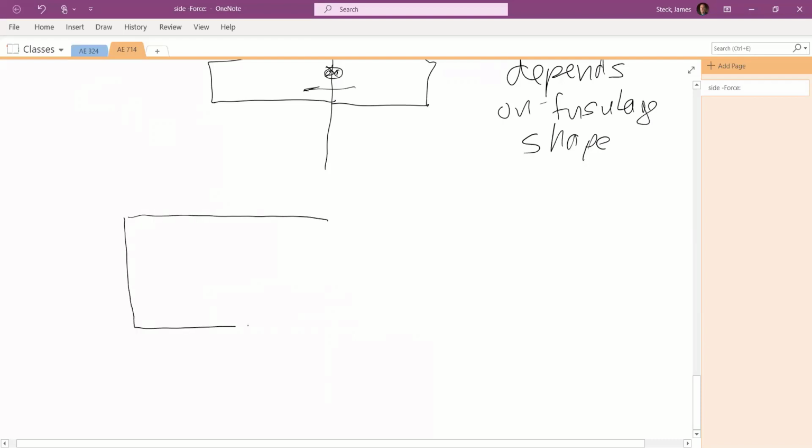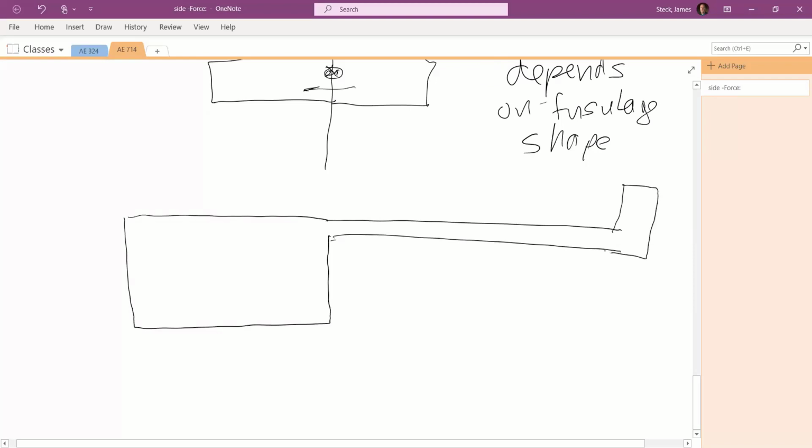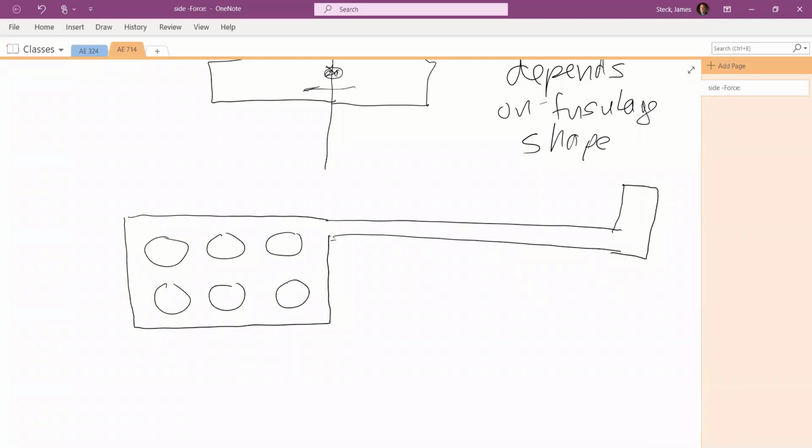This is a side view, with this big fuselage so that they could put a lot of balls in here. And I'm not throwing the wing on here, but this is the fuselage. And the way this thing was set up, the CG turned out to be somewhere like here.